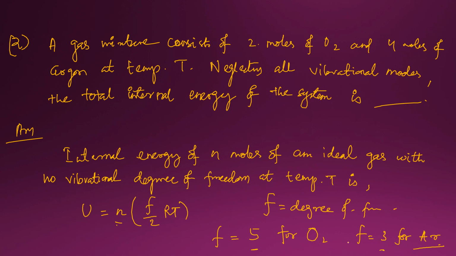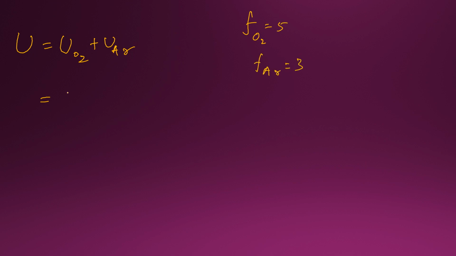So what will we do? U is equal to U of O2 plus U of argon, isn't it? We just wrote F for O2 is 5, F for argon is 3. So U is again N times F by 2 RT.